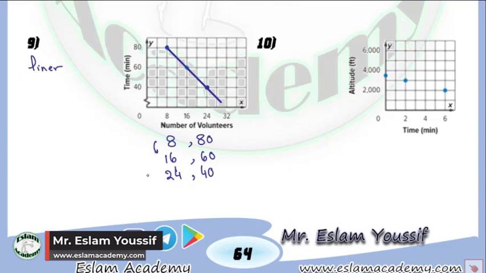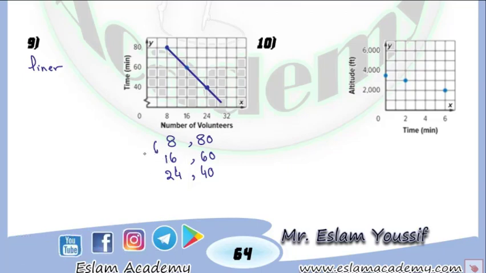Now you find the change of x. From 8 to 16 will be equal by adding 8. 24 minus 16 is equal to 8. 60 minus 80 will be equal to negative 20. 40 minus 60 equal to negative 20. You will find that negative 20 over 8, the second one is negative 20 over 8. It means the rate of change is constant, so the relation is linear.